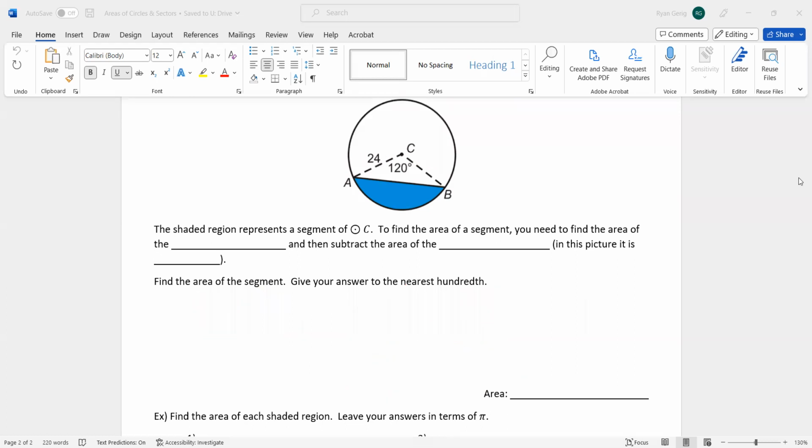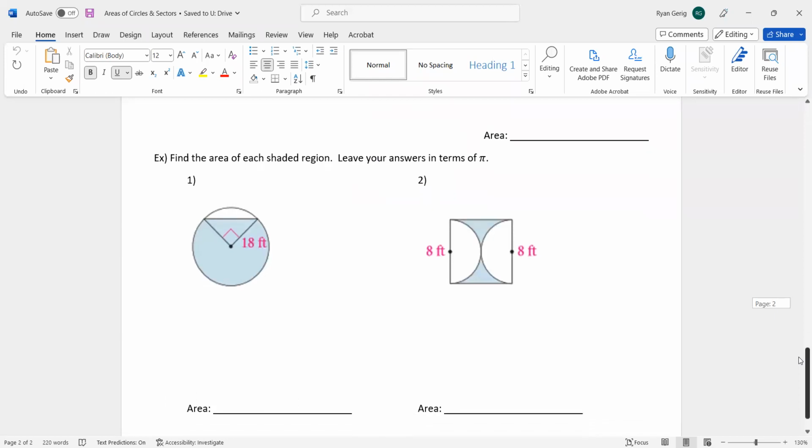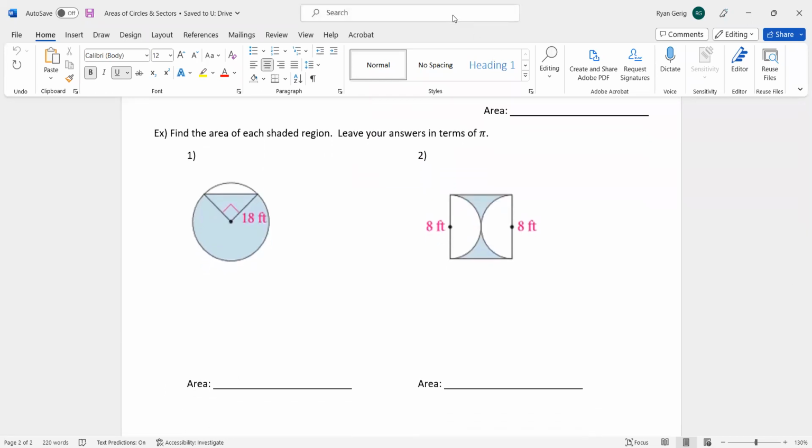The next one, the next two, I wouldn't ask you anything like this on a test, but it is good to see. I could show you 2 ways of doing number 1. The first way would be the area of the whole circle minus the area of the segment.